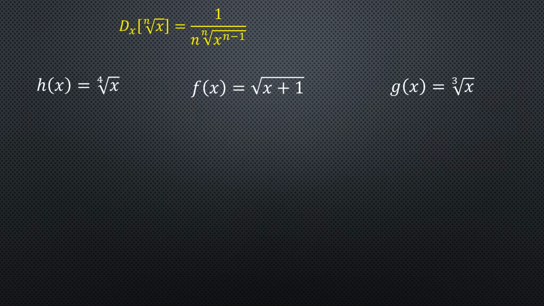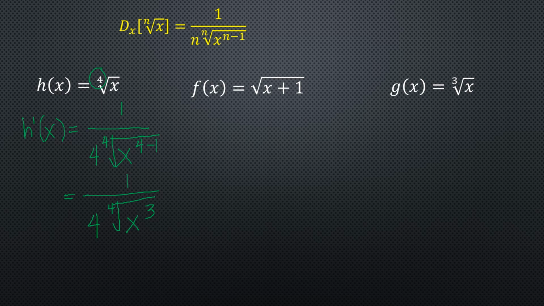So in the first example, h of x is equal to 4th root of x. The index is 4, so what you will do here is, h prime of x will now be, copy the index, which is 4. This is automatically 1. So 1 over 4 times 4th root of x raised to 4 minus 1. And that will become 1 over 4 times 4th root of x raised to 3.